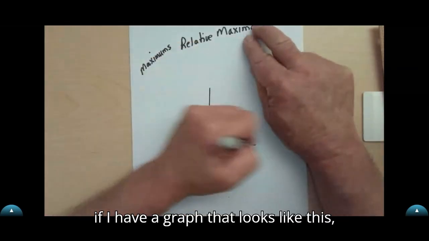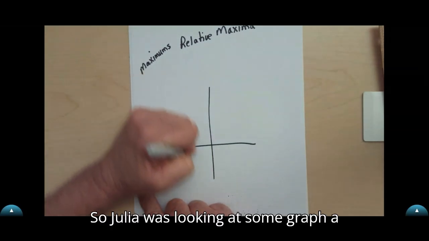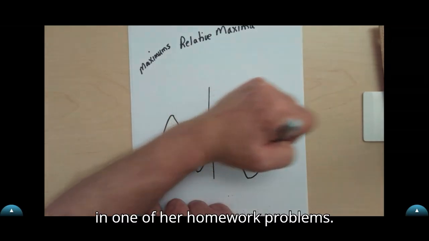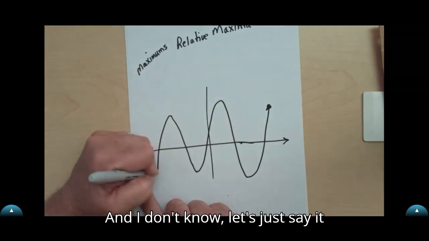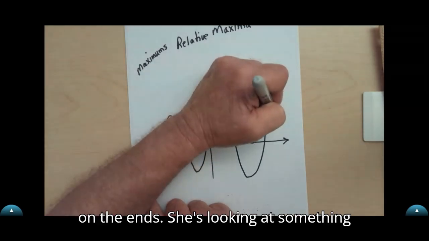In other words, if I have a graph that looks like this, Julia was looking at some graph a minute ago that looked kind of like this in one of her homework problems. Let's just say it looked like that. Or maybe it has arrows on the ends. She's looking at something like this.